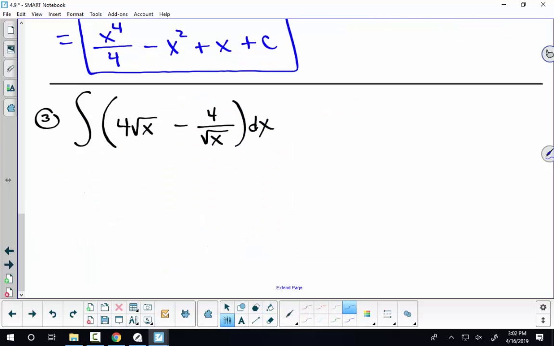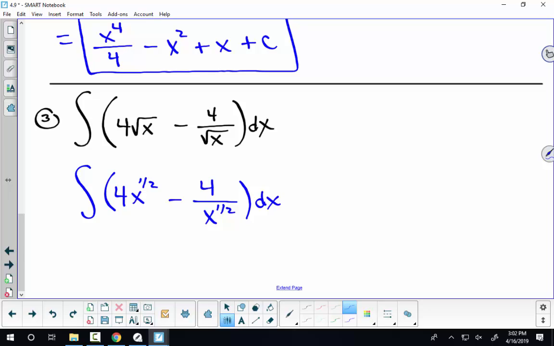Okay, how about the antiderivative of 4 root x minus 4 over root x? What do we need to do here? Can we rewrite those root x's? Yeah, so we rewrite the root x. So that's 4 times x to the 1/2 minus 4 over x to the 1/2. Just make it x to the negative 1/2.